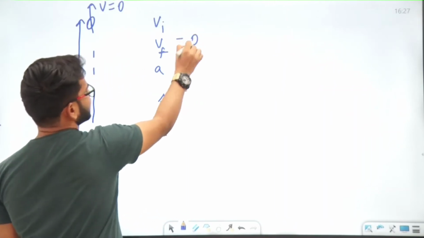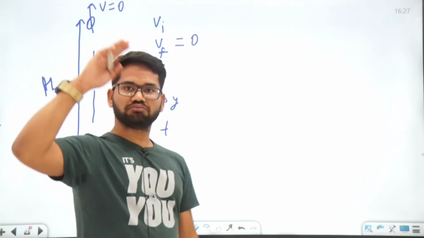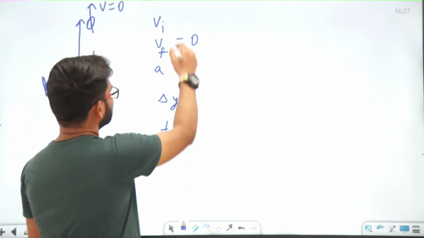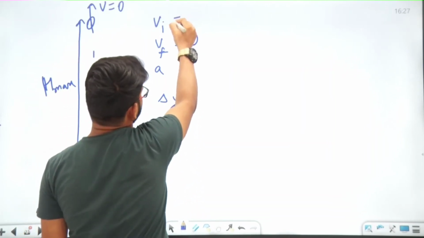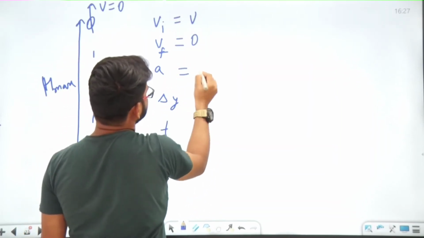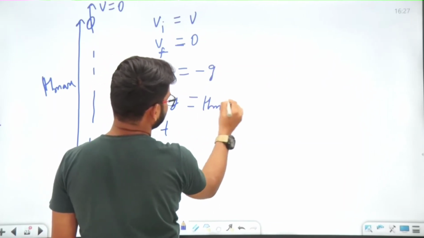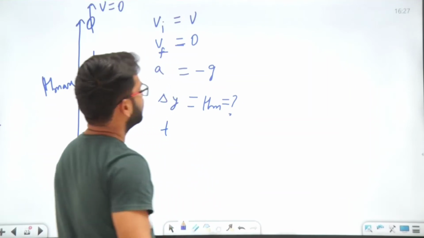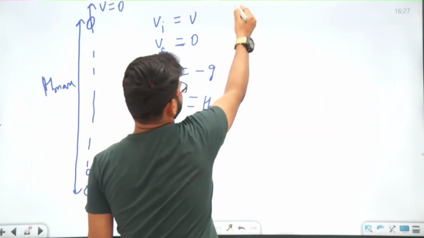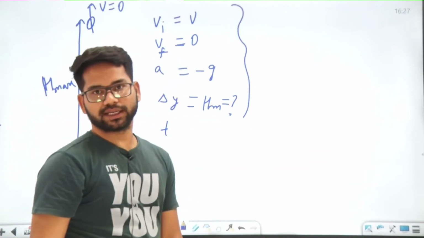The final velocity: it moves up until its final velocity becomes 0, right? Initial is V, acceleration is minus g, and we are interested in finding this h maximum. Which equation involves these four quantities?